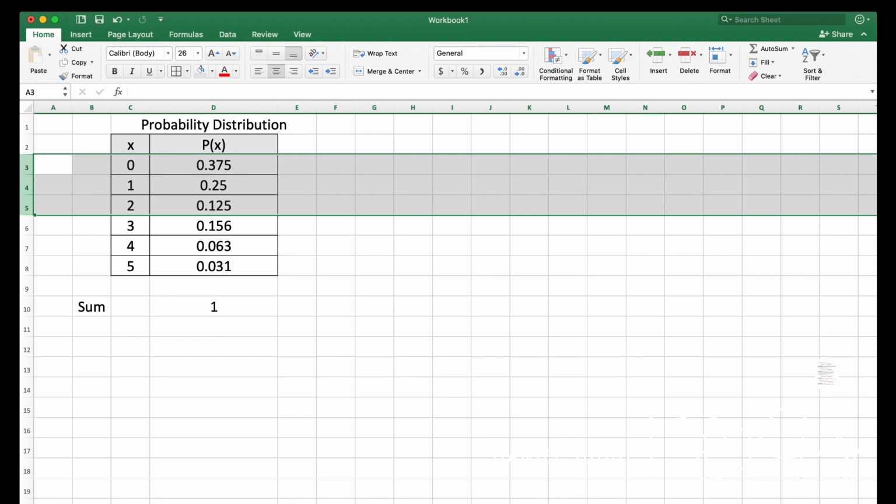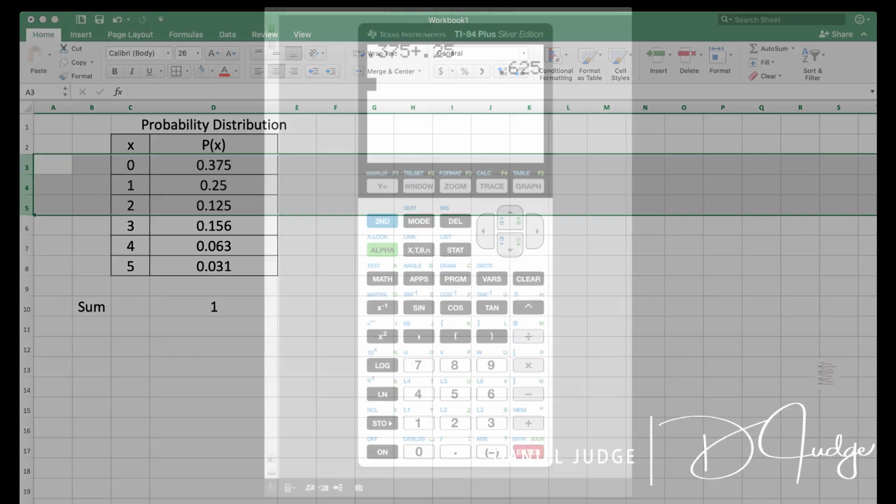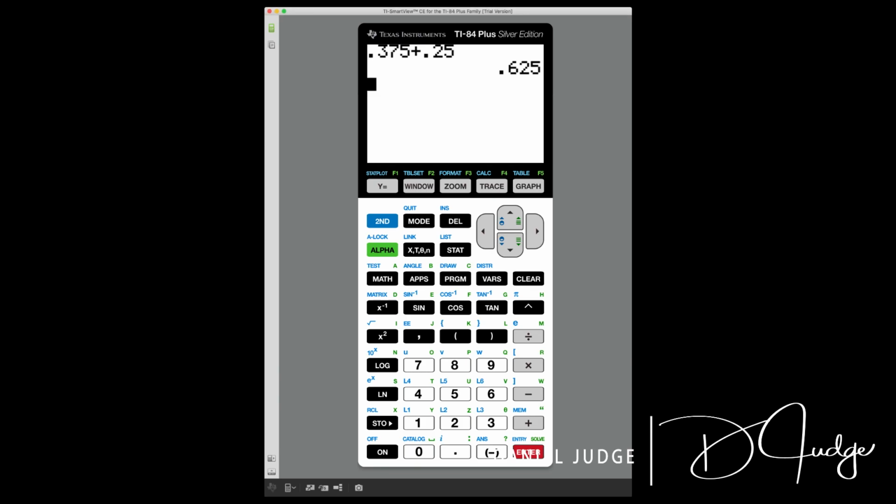0.375 plus 0.25 plus 0.125. So we add these values here. 0.375 plus 0.25 plus 0.125 here.